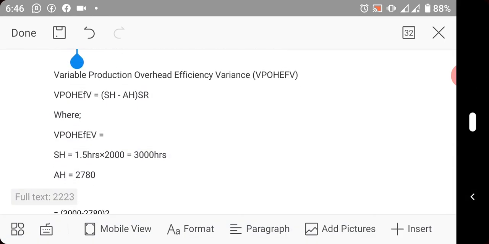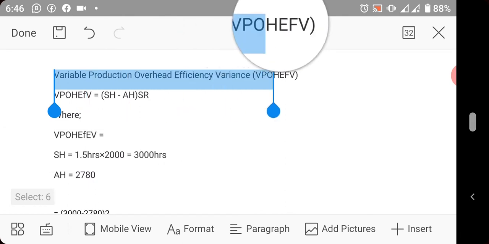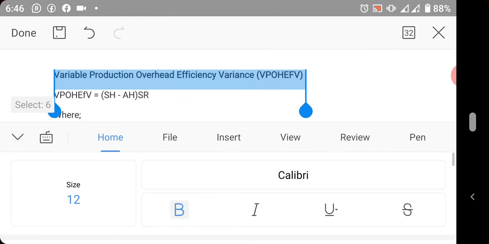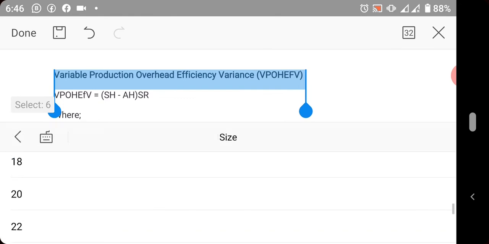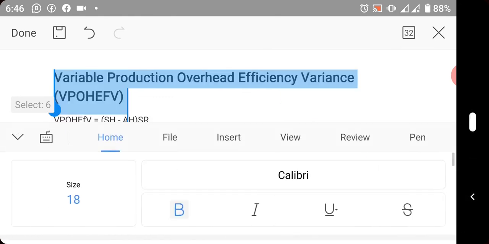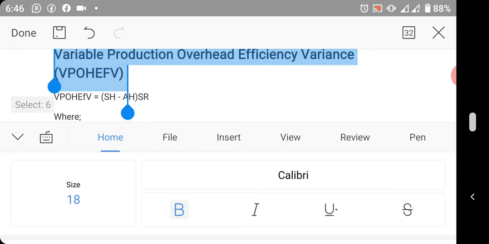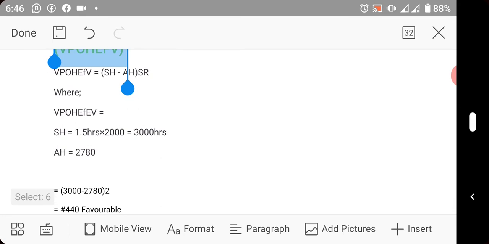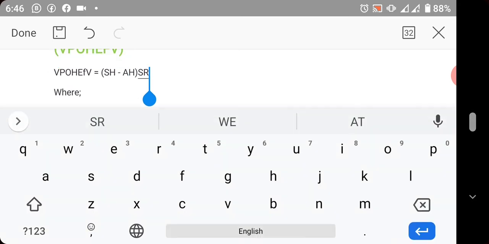So that is that. So we'll now look at variable production overhead efficiency variance. Look this way. We have standard hour. The formula is standard hour minus actual hour times standard rate, which is the same thing as the efficiency variance of labor.